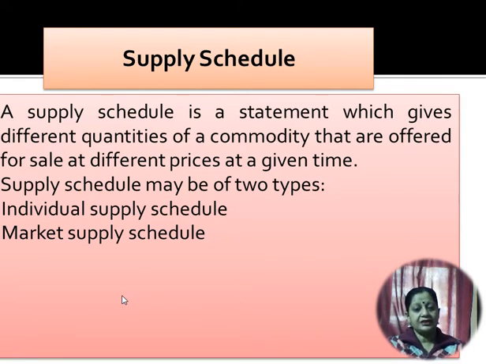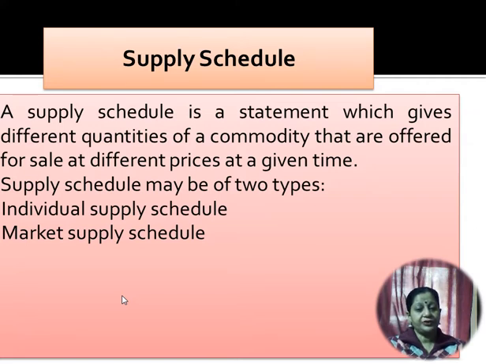A supply schedule is a statement which gives different quantities of a commodity that are offered for sale at different prices at a given time. So if we talk about supply schedule, in one column there is the price of the commodity, and in the second column there is quantity supplied. When we present this data in a table form, that tabular representation of the data is known as supply schedule.